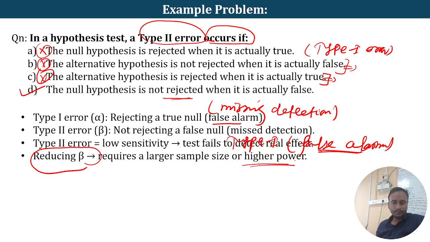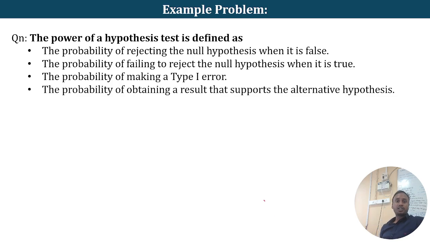Okay. Now we have the third question. Power of the hypothesis test is defined as. Can anyone explain what exactly that is? The probability of rejecting the null hypothesis when it is false.